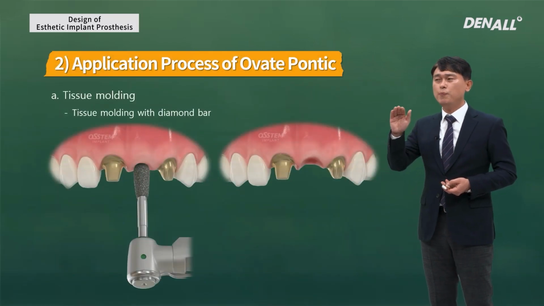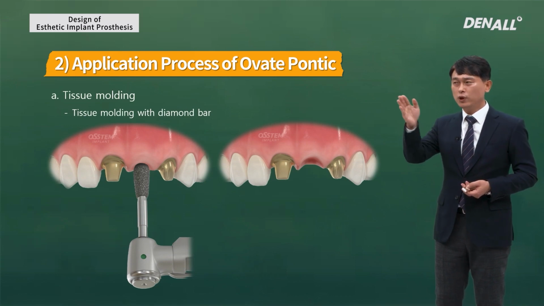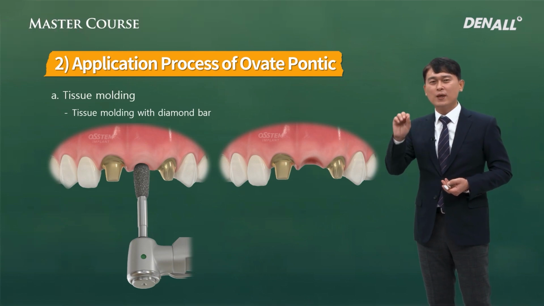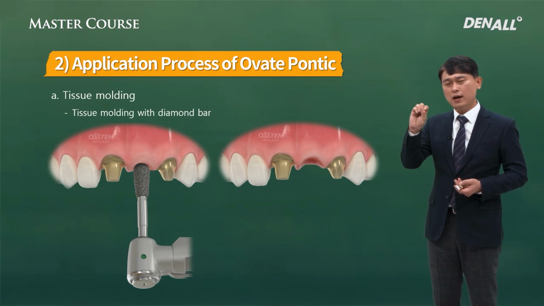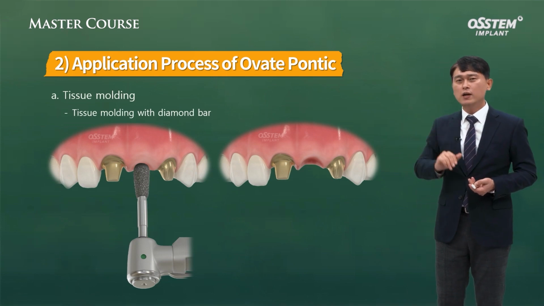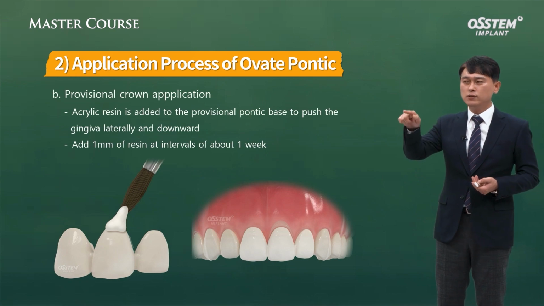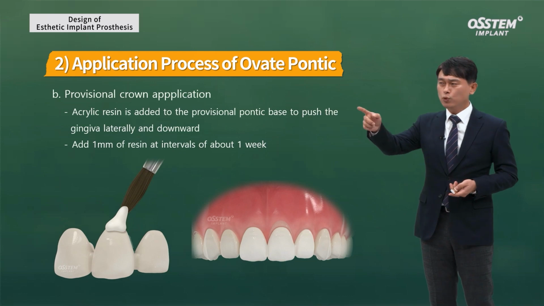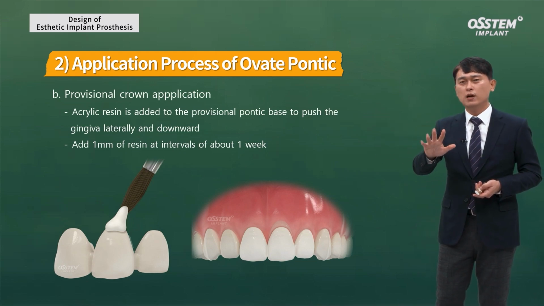If the tooth was lost a long time ago, a high-speed round diamond burr, a disinfected one, can be used. It can grind a little, and bleeding can occur. In this situation, we don't wait until it is healed. Immediately, resin is added to the temporary like an ovate pontic and it is pressed until the gum gets white. I don't know whether you can see the picture on the right.